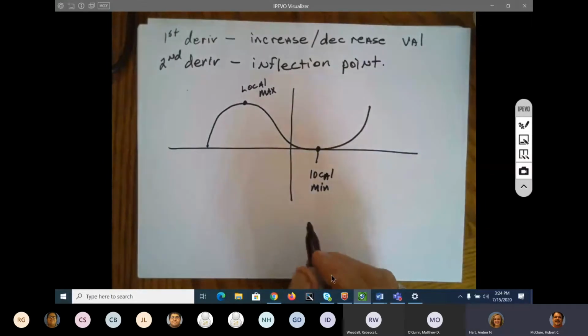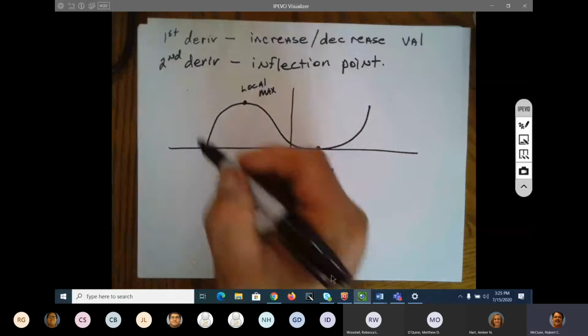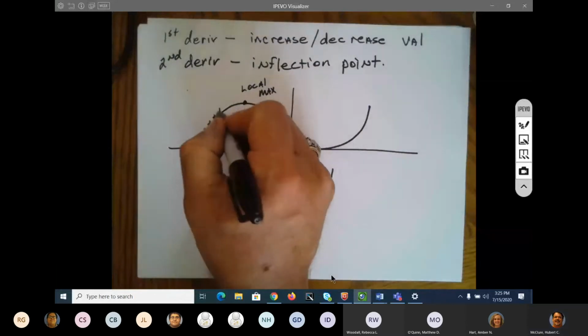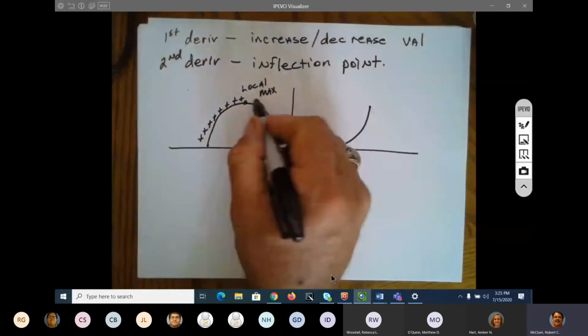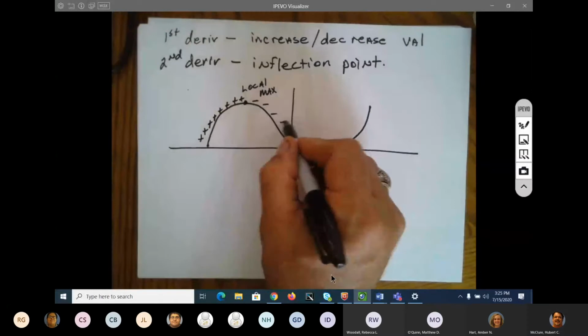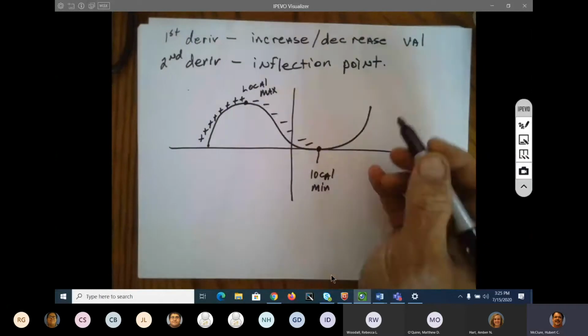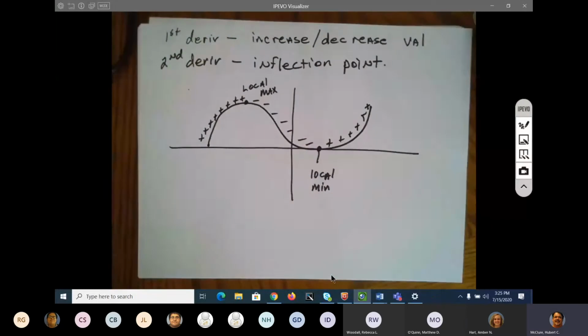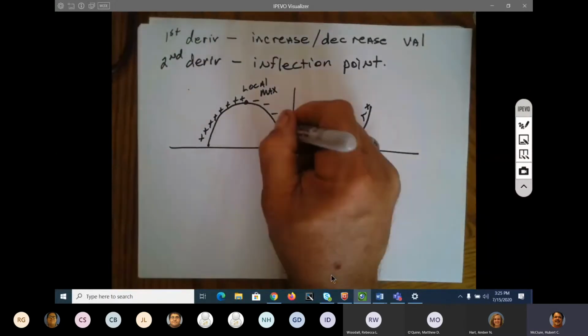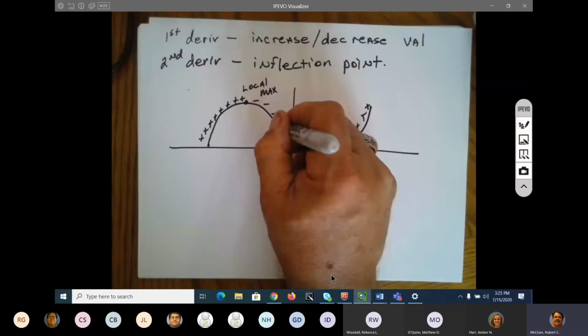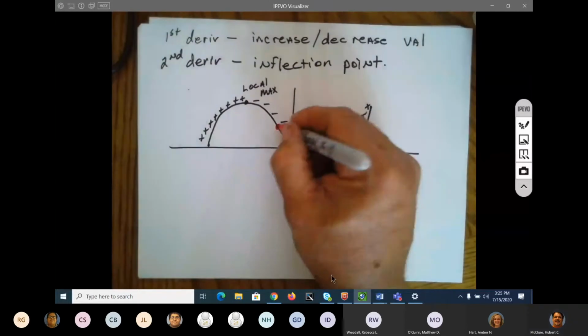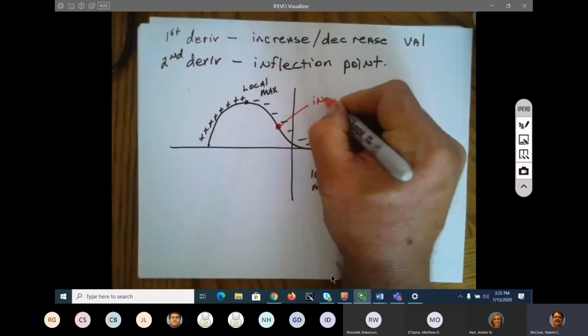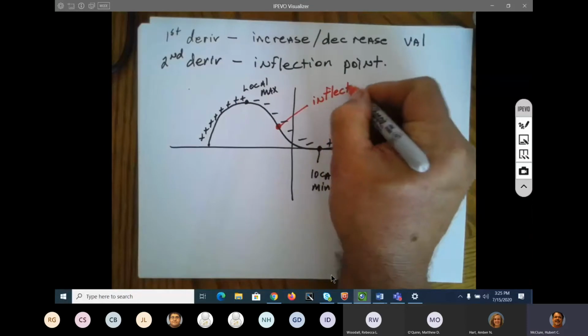So the first derivative will give us these values, and these values. And the second derivative will give us this point right here. Can somebody give me the definition of the inflection point? Can anybody give me a somewhat definition of an inflection point?